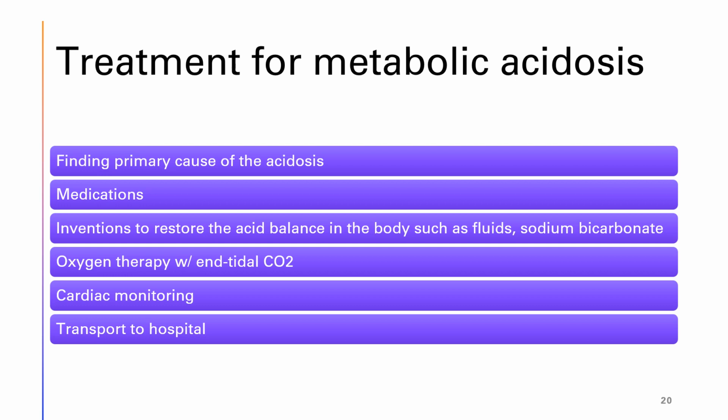Oxygen therapy with end-tidal CO2. Put them on the cardiac monitor. Make sure that they don't have any cardiac dysrhythmias going on. And then just monitor these patients, put them in the position of comfort, transfer them to the hospital so that they can get further evaluated.